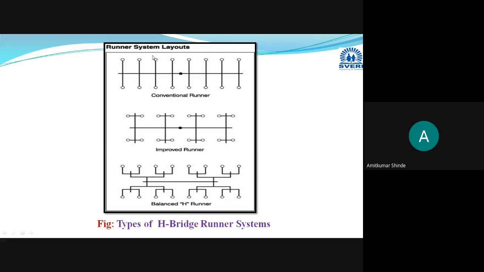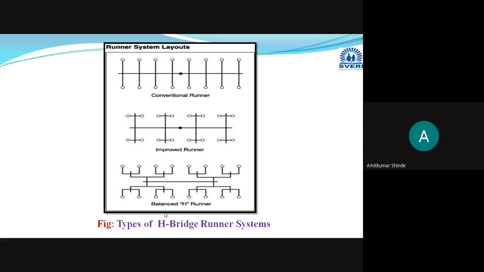This is just the runner system. Through this runner and gate arrangement, the molten plastic material will flow from the cylinder where the material is plasticized into the mold cavity. Through runners and gates only, that molten plastic material will enter into the mold cavity.